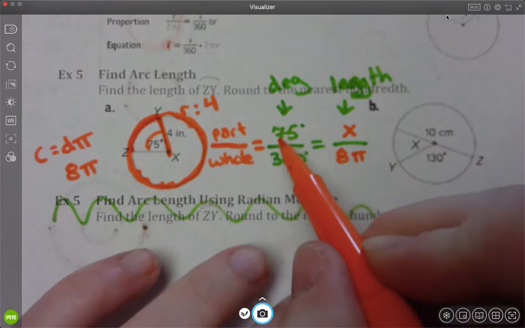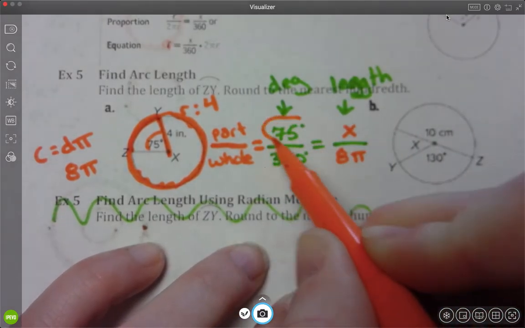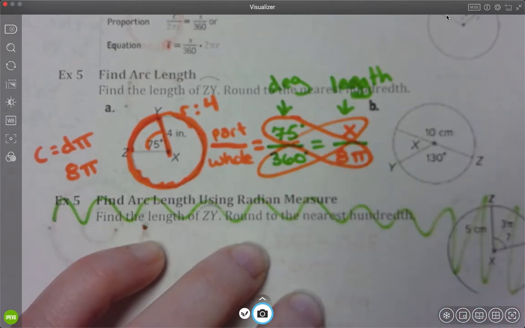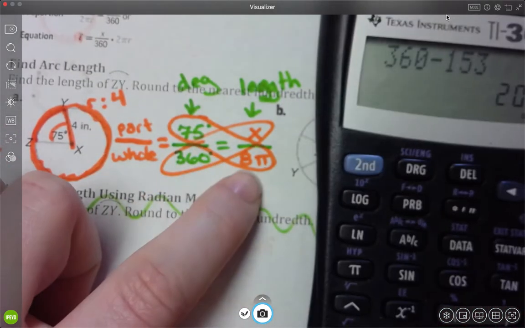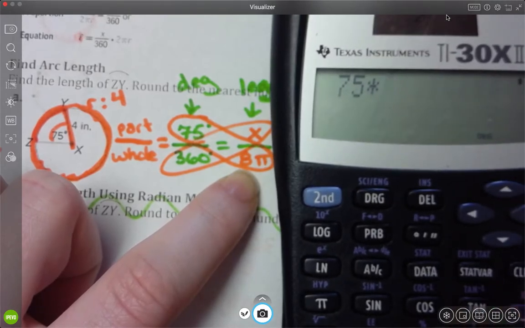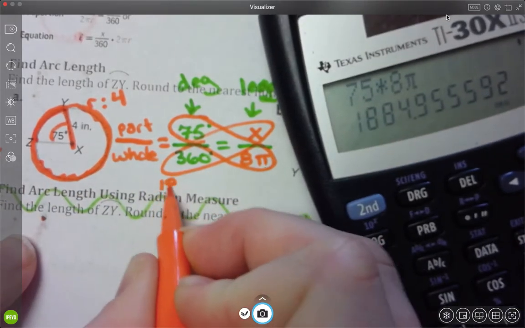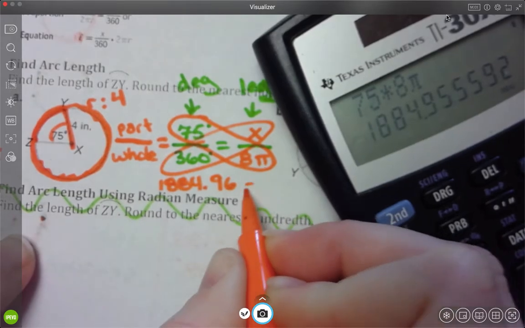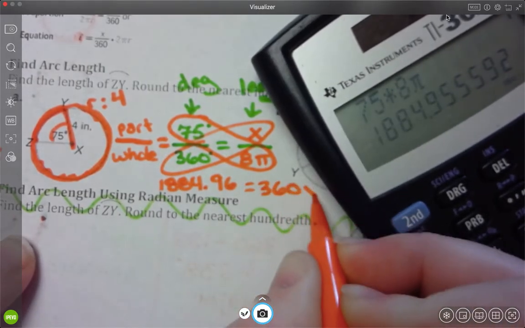Then I have this proportion that I can cross multiply. So I'm going to take 75 times 8 pi, and it's going to give me a decimal. So I have 1884.96 equals 360x.